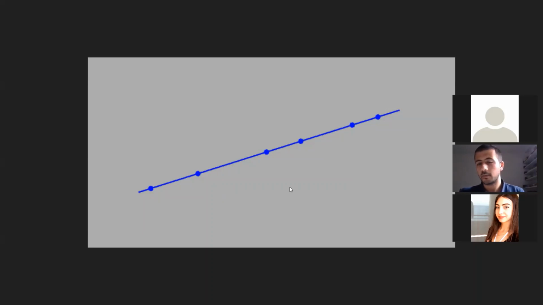But if I have 1,000 patients, will this line do the work for me? Not really, because I will have several dots in the same place, and I can't see them. So how should I put the line now?